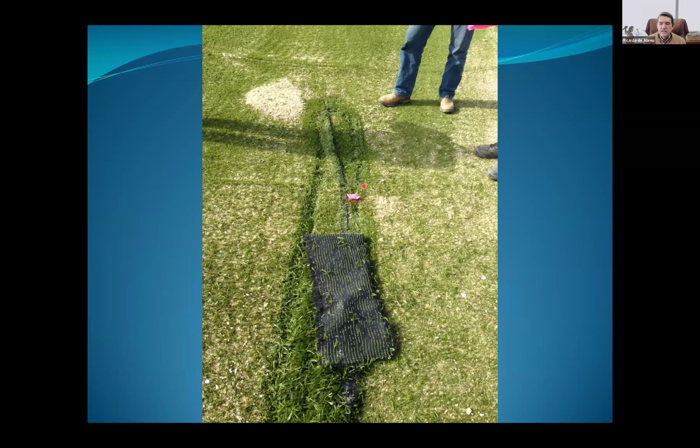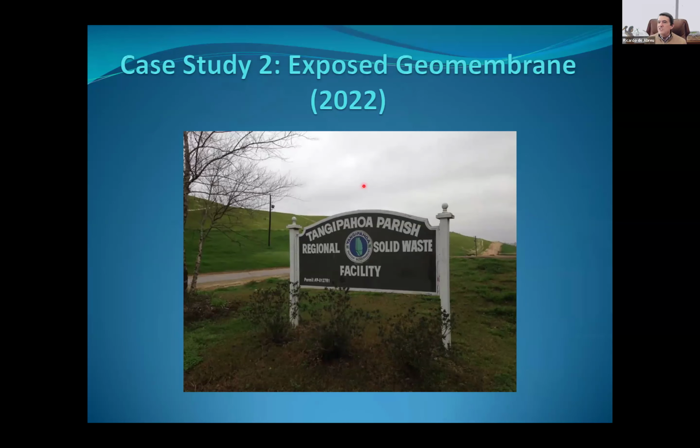Okay, so this is the case for the closure turf. Let me go on. It's the same location, but this time we're going to use the exposed geomembrane. This case is from 2022. And these other cells that were closed, which was cell 12, are much more recent than those using exposed geomembrane.